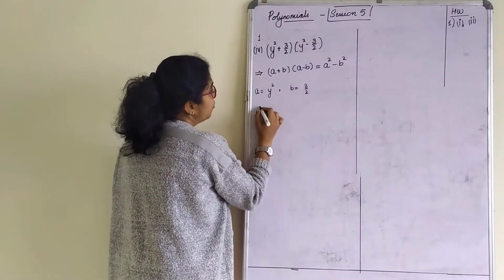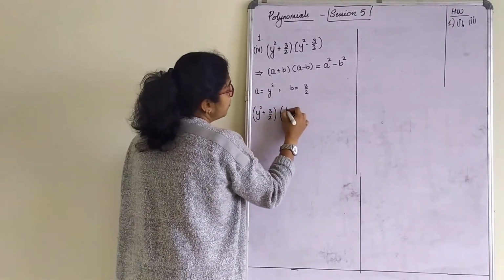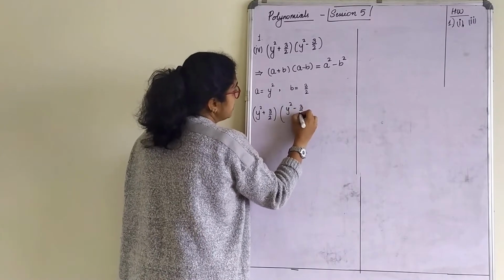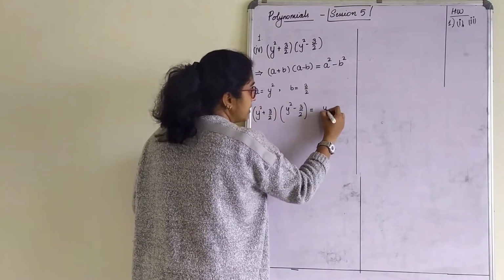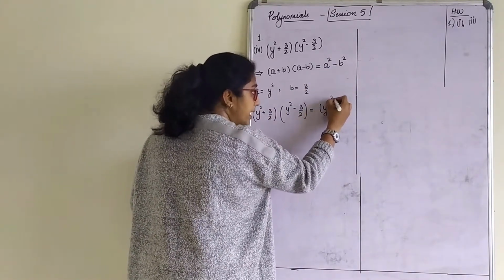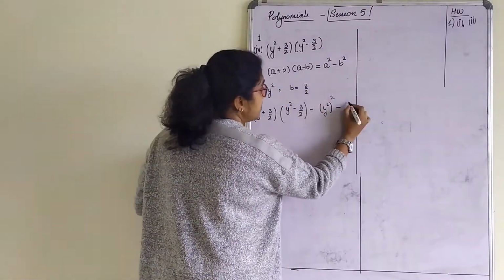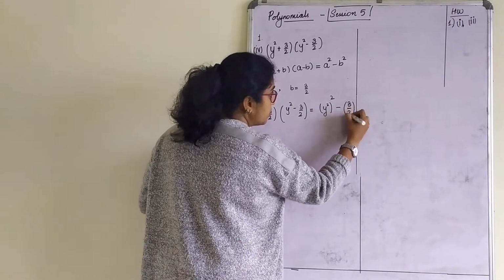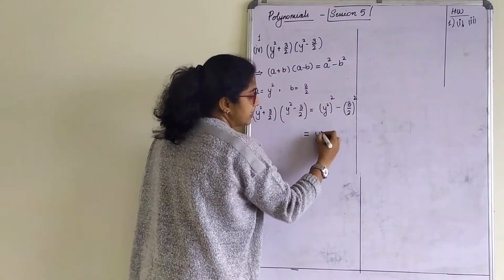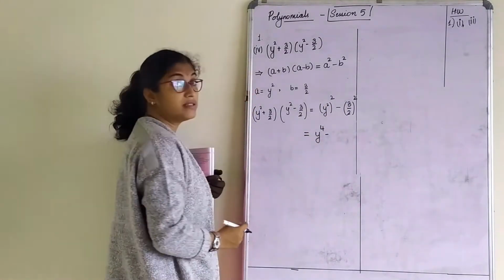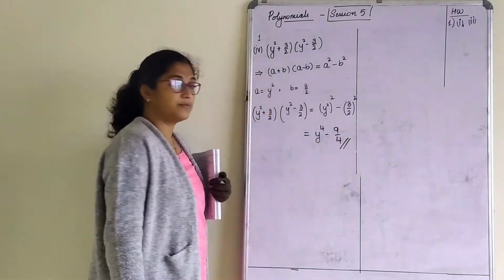Write the question again: (y square + 3/2)(y square - 3/2) is equal to a square minus b square. Your a square is (y square) whole square, minus b square, (3/2) whole square, which is equal to y raised to 4 minus 9/4. That is the answer.